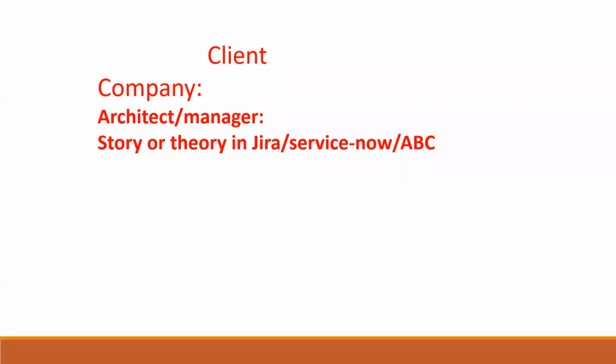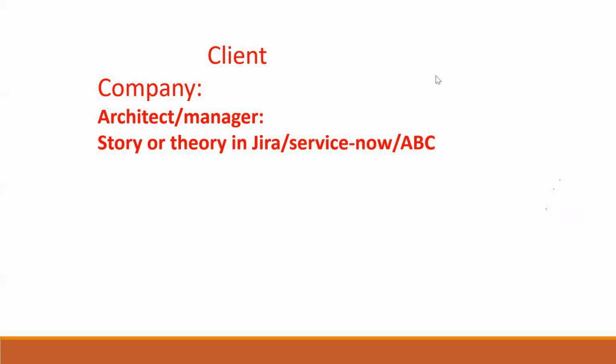What do you mean by story? Story is nothing but the part of the work in that sprint. I mean, what the developer or the tester has to do. That is one story. Simply, you can call it a requirement or task.